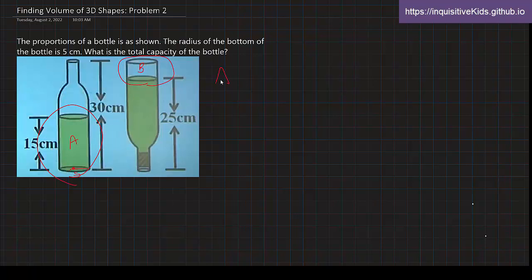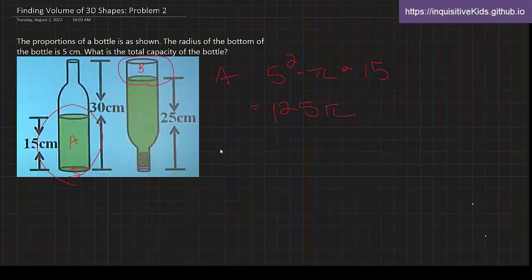So let's first find A. A would be the radius of the base, which is 5, squared, times pi, times the height, 15. If we multiply that, we get 375 pi.